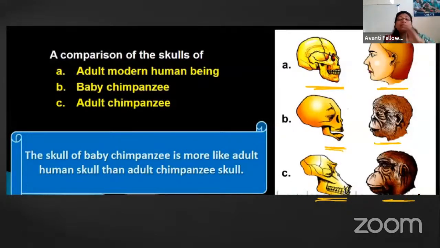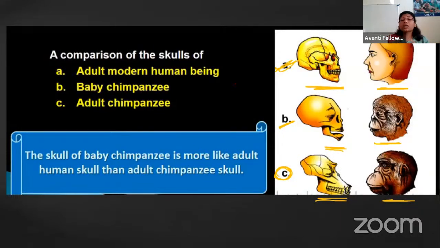Looking at the structure, the skull A, that of an adult human, is just like the skull of a baby chimpanzee. It resembles it a lot, but the adult chimpanzee has a very different skull feature, right?